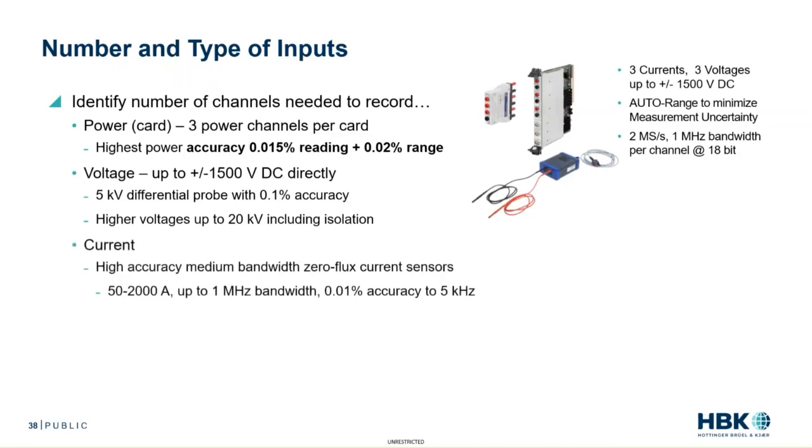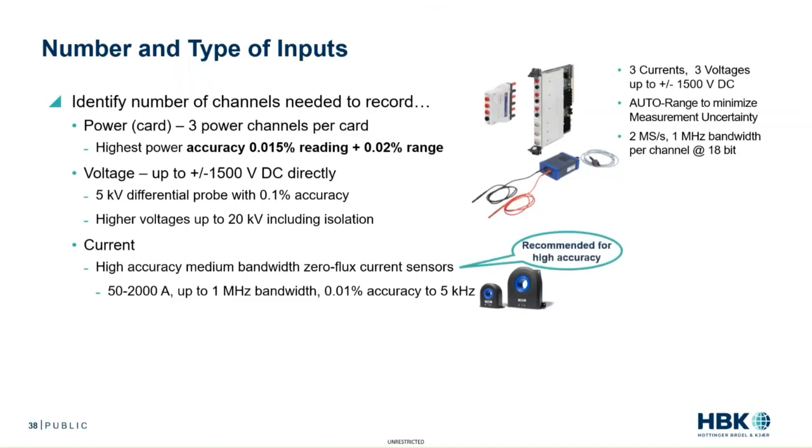On the current side of things, which often becomes more difficult to measure accurately, you actually need high accuracy, medium bandwidth, zero flux current sensors. Here you may have ranges anywhere from, let's say, 50 up to 2000 amps for most of the common applications. You'd like to have wide bandwidth, maybe up to a megahertz, and high accuracy, for example, up to 0.01% accuracy to 5 kilohertz.